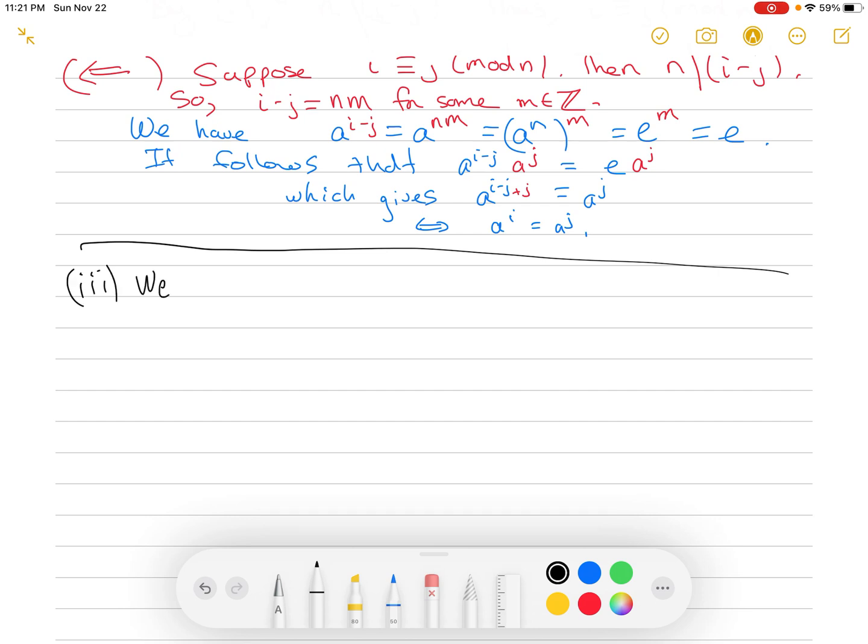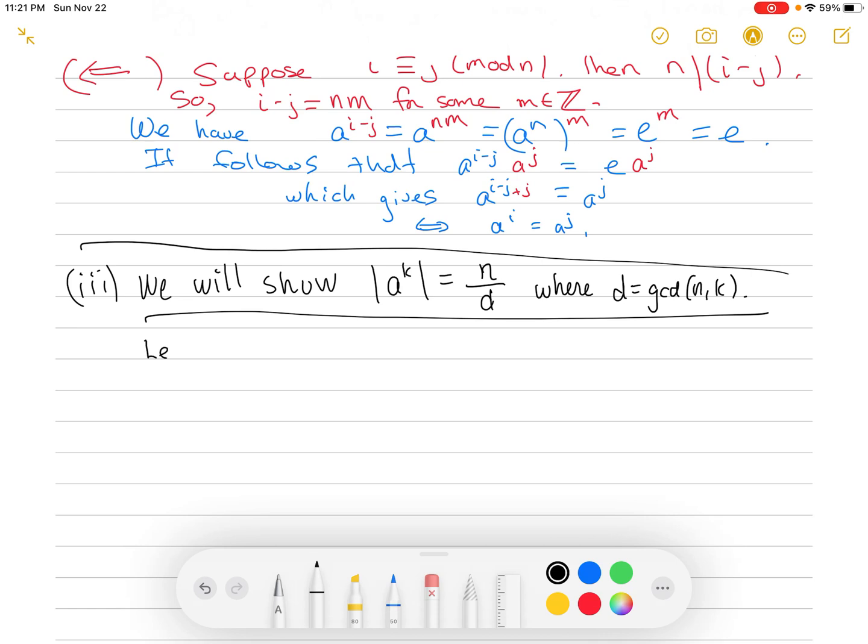So remember what our goal is. I'll write it. We will show that the order of a to the k equals n divided by d, where d equals the greatest common divisor of n and k.